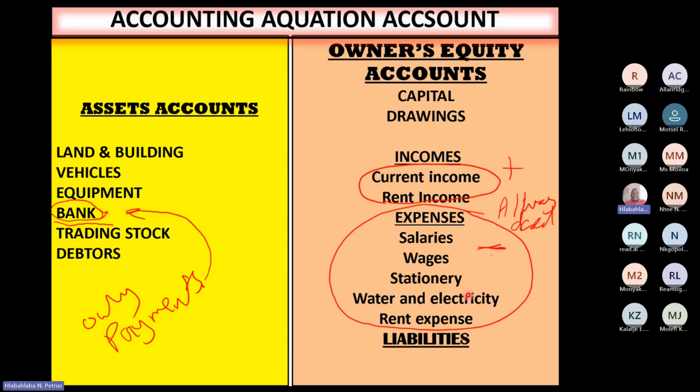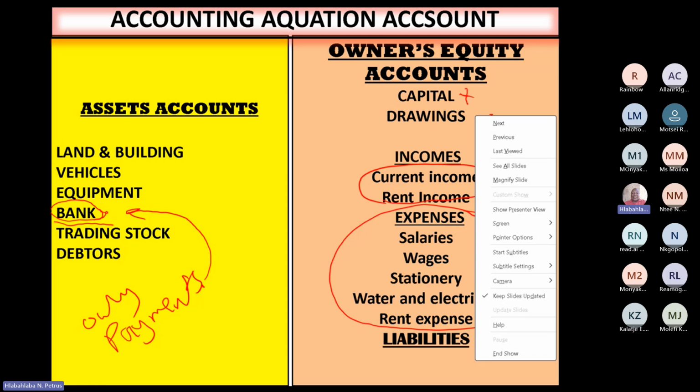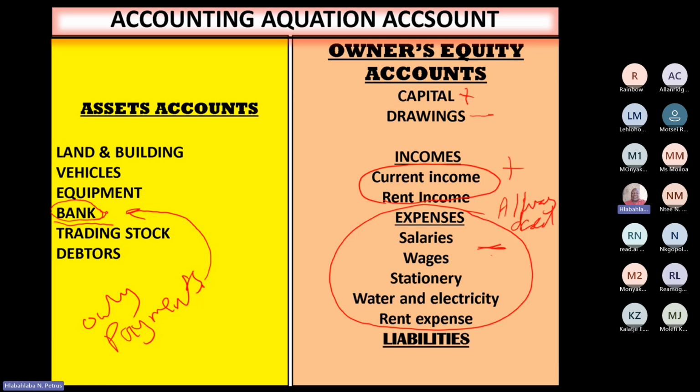Expenses always decrease owner's equity, but income always increases owner's equity. Under capital, it will be plus, and drawings is always going to be on the negative side.